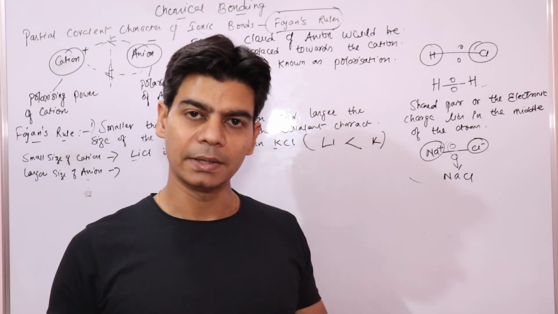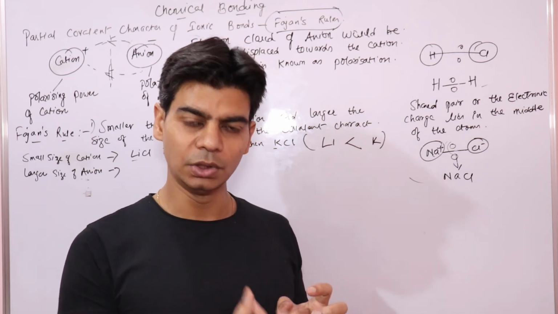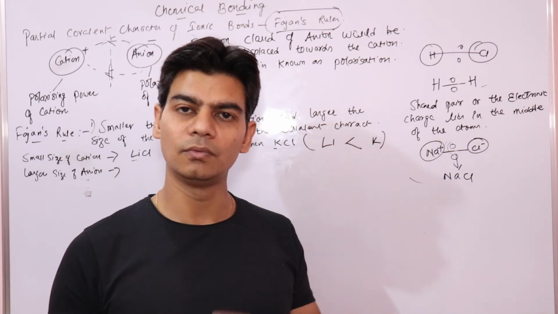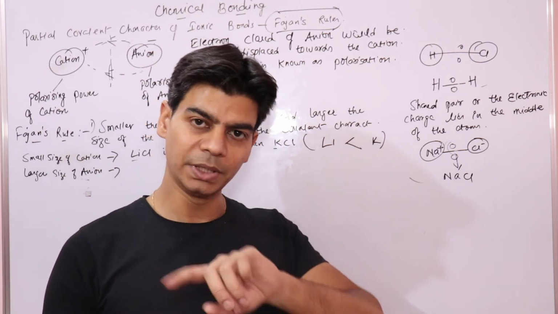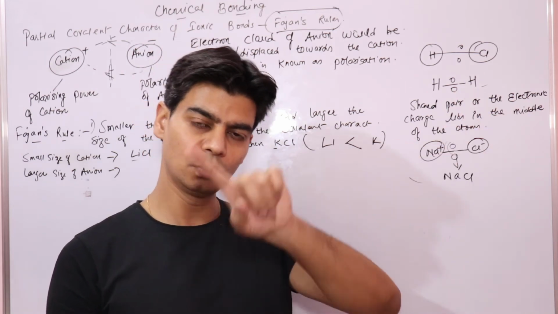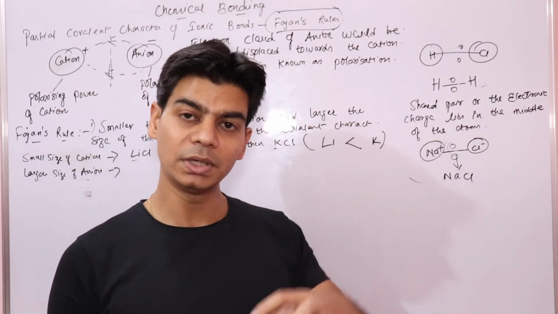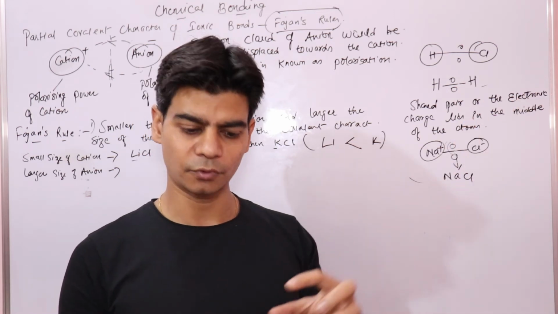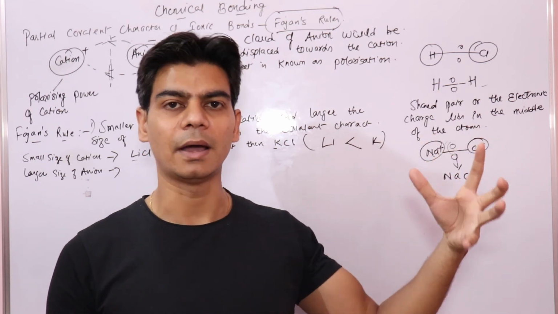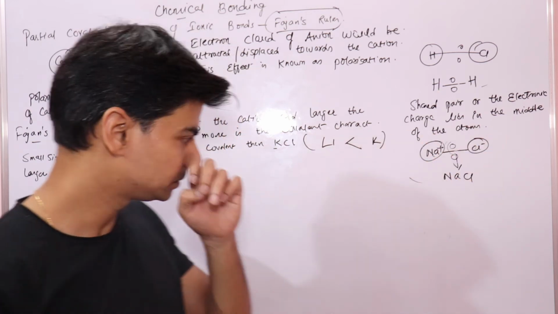In case of bigger anions, the attraction of the nuclei on its electron cloud would be less, because bigger is the anion, the more distant would be the outer shell electrons from the nuclei, right? So lesser attraction for bigger anions by the nuclei.